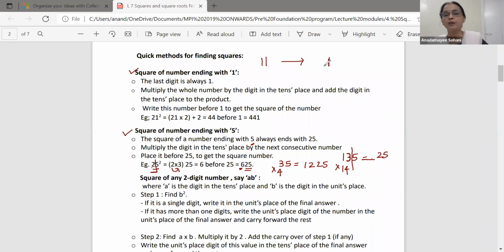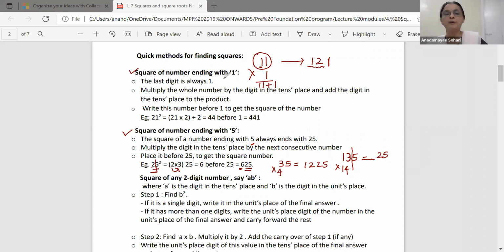And for the remaining part, what I will do, I will take the whole number, multiply it by the digit in the tens place, and add that number to it. So 11 ones are 11 plus 1, 12. 121 is my 11 square.